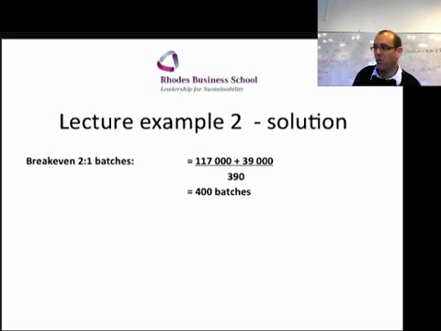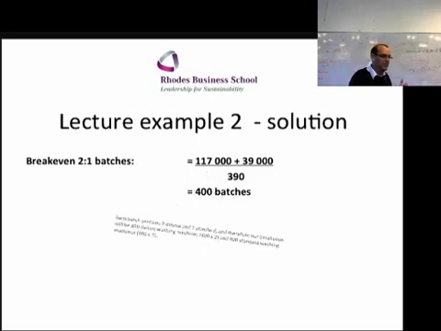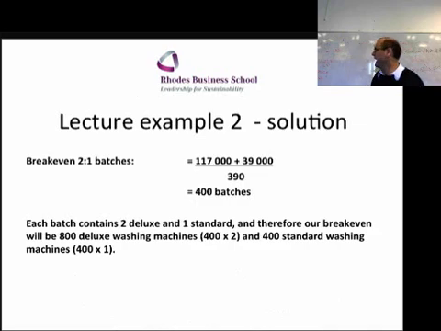Now we need to convert those 400 batches back into units of deluxe and standard washing machines. You'll remember that each batch contained 2 deluxe and 1 standard. Therefore, our break even is going to be 800 deluxe washing machines, which is 400 times 2, and 400 standard washing machines.